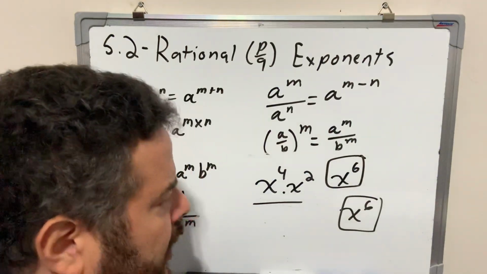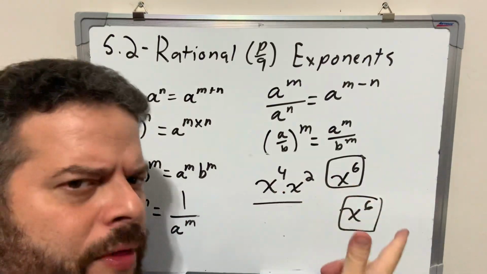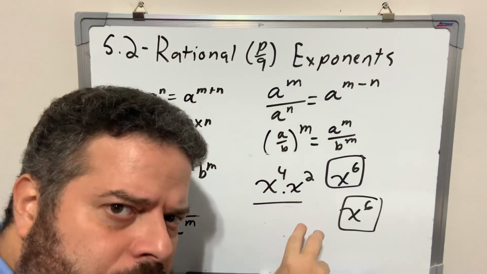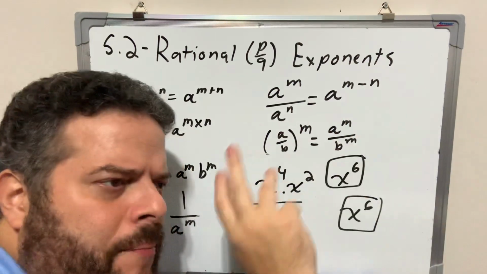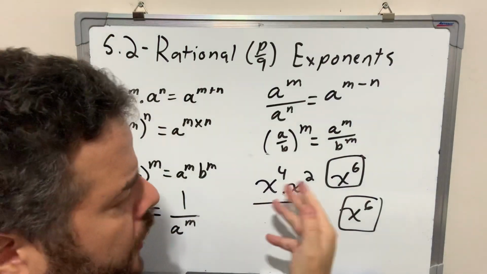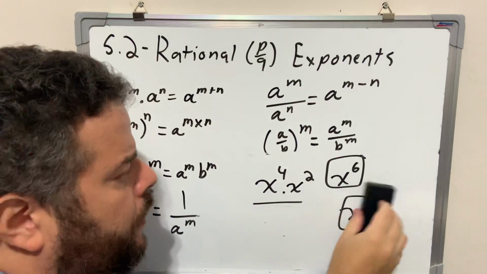Again, you can do it either way, but I recommend you just flip it up here and work with positive numbers. That avoids the sign changes, negative times negative, positive times negative, and sometimes students get confused. So that's an example of the quotient of powers.